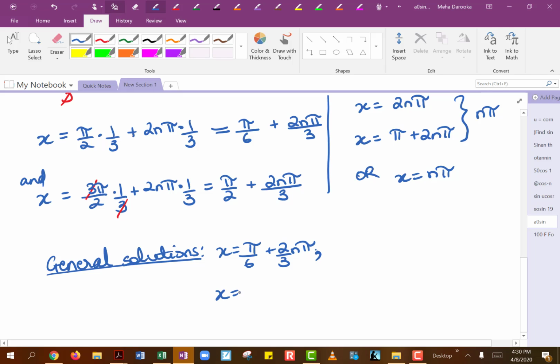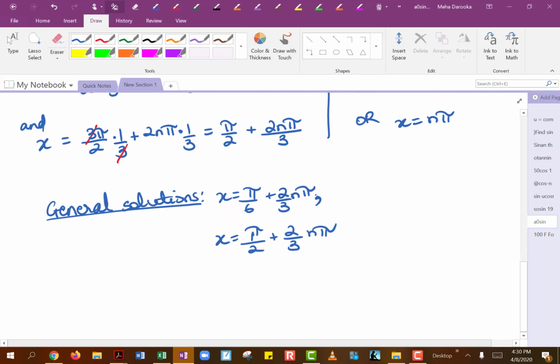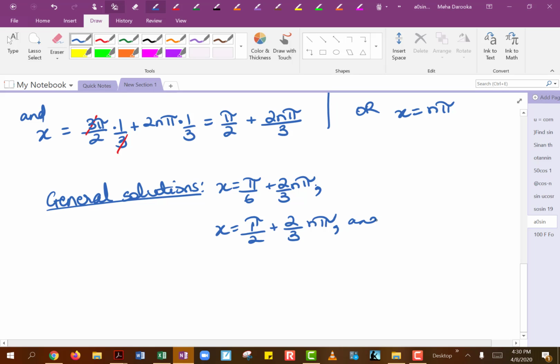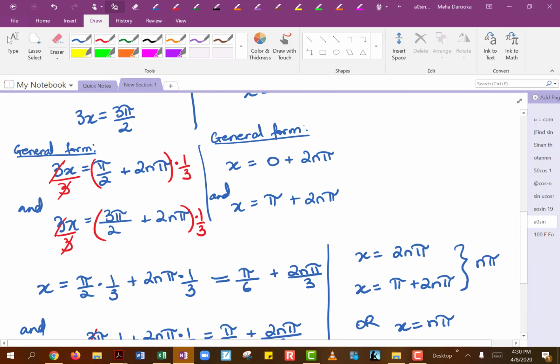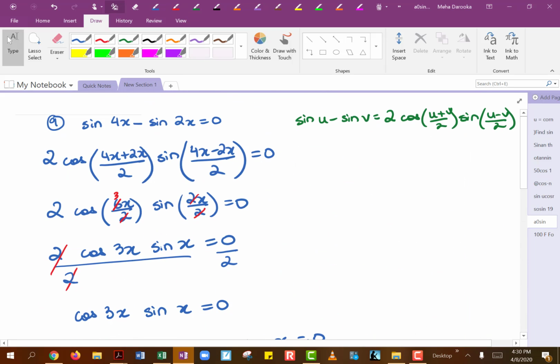You can have x equals pi halves plus again 2/3 n pi, and our last one will be x equals n pi. So these will be our general solutions for this example number 9 over here. Okay?